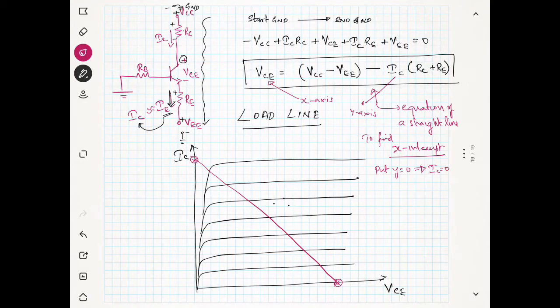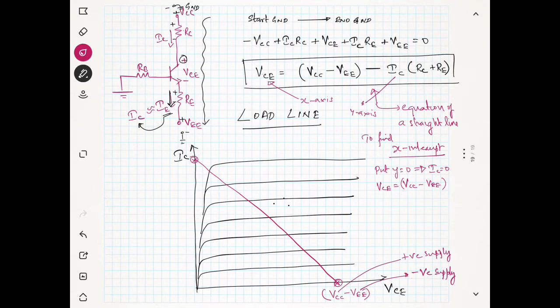Then we will get VCE is equal to VCC minus VEE. Am I correct? Yes. So this becomes VCC minus VEE. But you should remember that VCC is a positive supply and VEE is a negative supply.